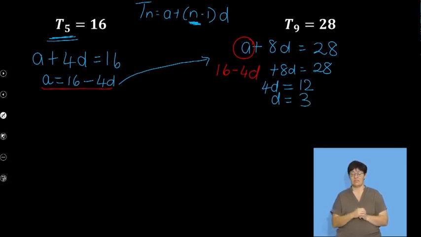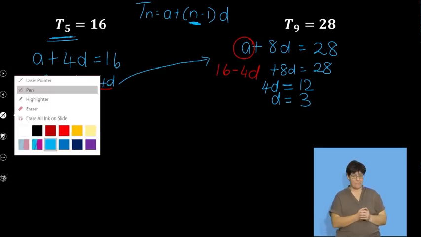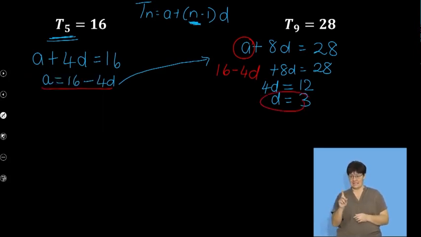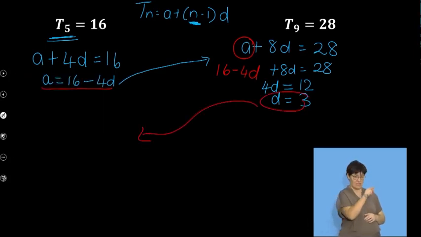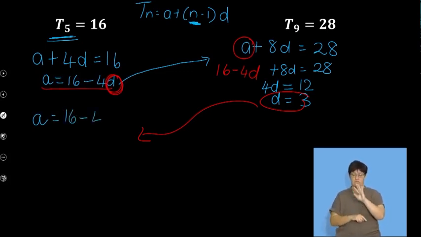Now that I've found a value for D, I'm going to take my D value and substitute it back, and I'm going to replace the D over here. So A is equal to 16 minus 4 times 3, which means that A is equal to 16 minus 12.